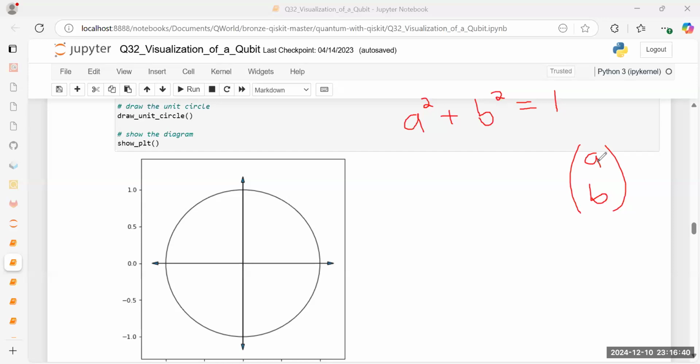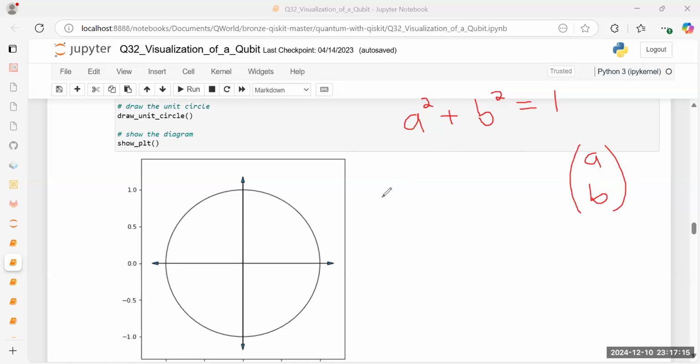That's why I'm defining the rule in this form. We can also have complex entries, and if that's the case, we're going to be talking of the magnitude squared. But since we're only looking at real entries for A and B, I'll just do away with this.